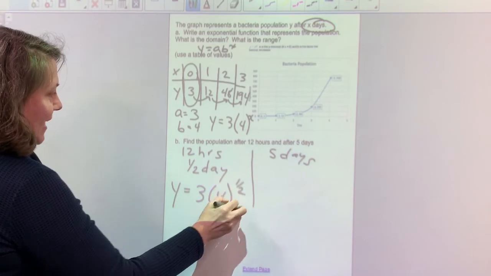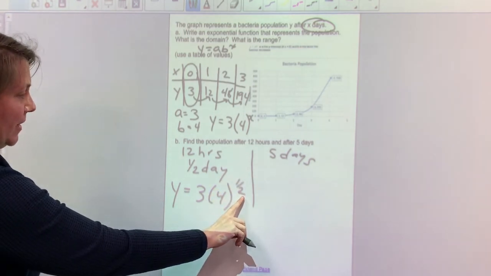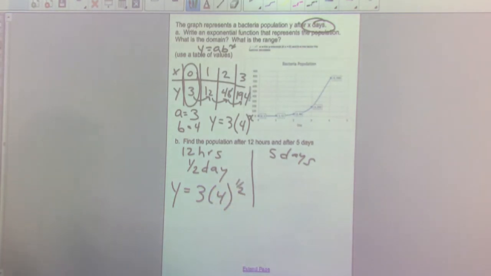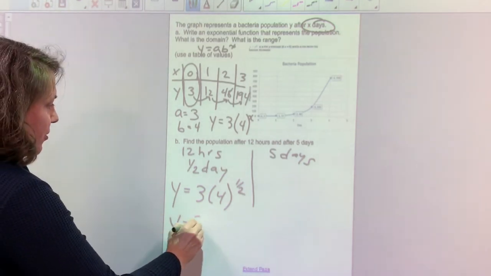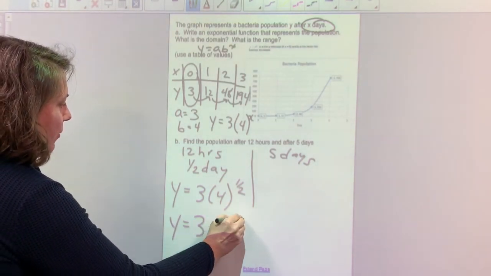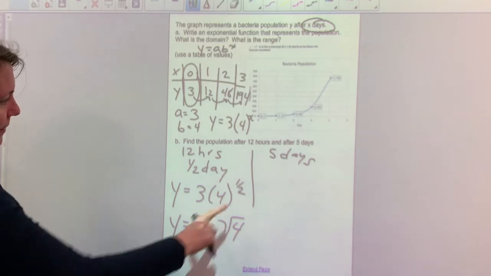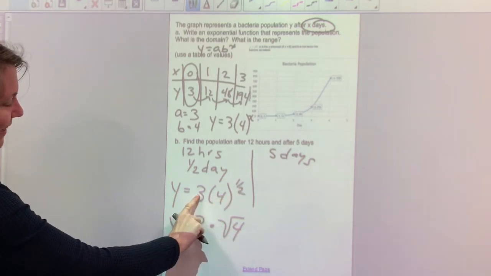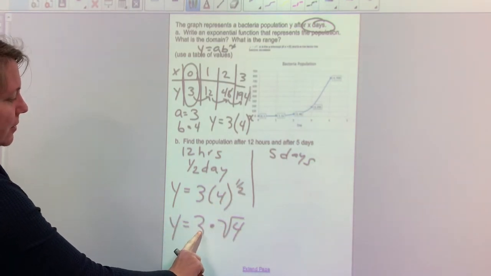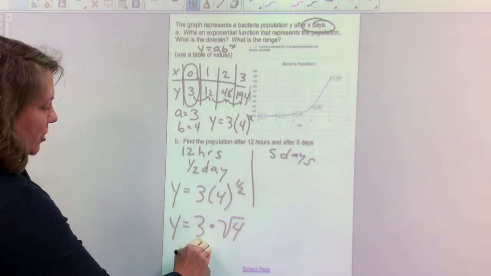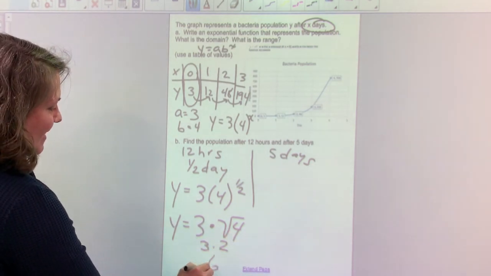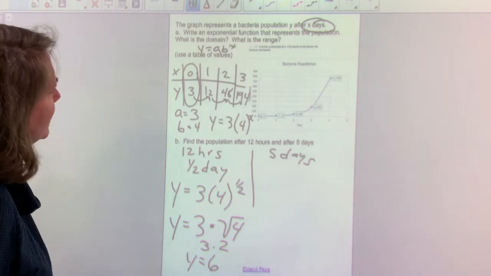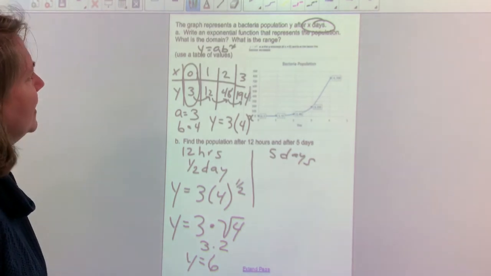This is to a half a day. We have an exponent that is a fraction. We know how to do that. y equals 3 times square root of 4, because that exponent only goes to this 4, not to this 3. 3 times square root of 4 is 2, so 3 times 2 is 6. So your population is 6 bacteria.